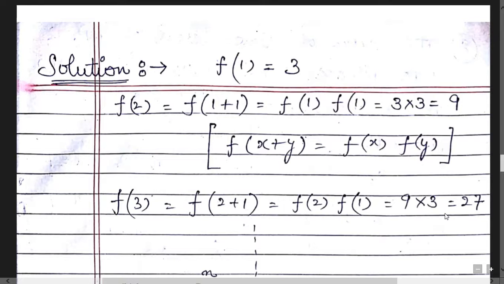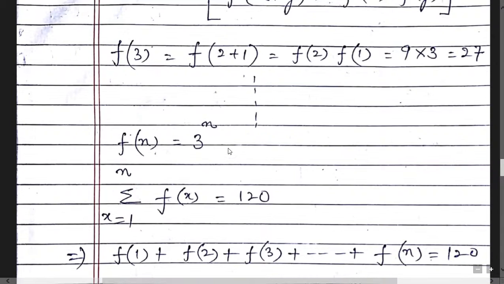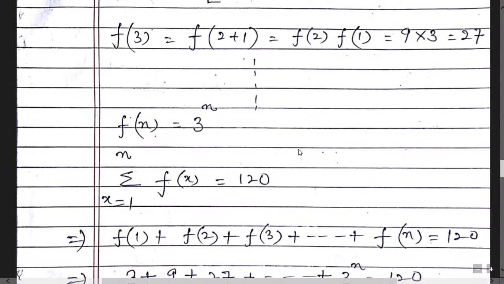It means I can write 9 into 3, it's 27. Similarly, I can write the value of fn because each time the number is multiplied by 3. 3 into 3, 9, then 9 into 3, 27. It means I can write the last value as 3 raised to power n.